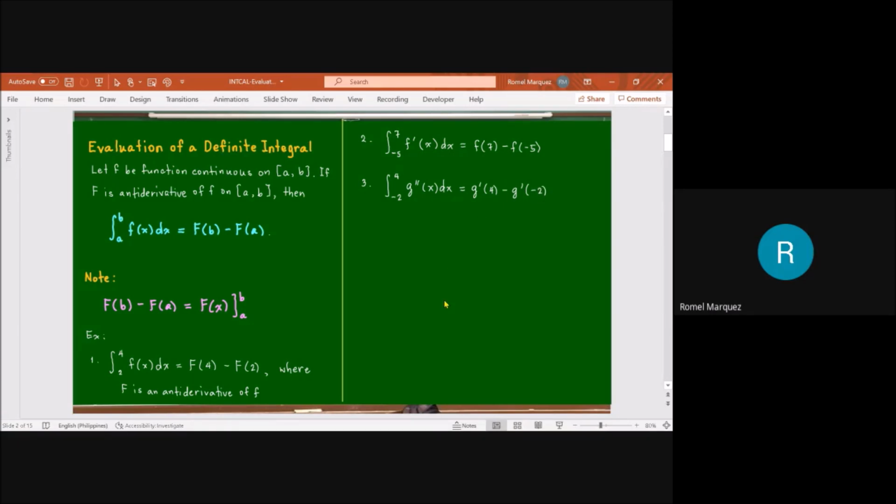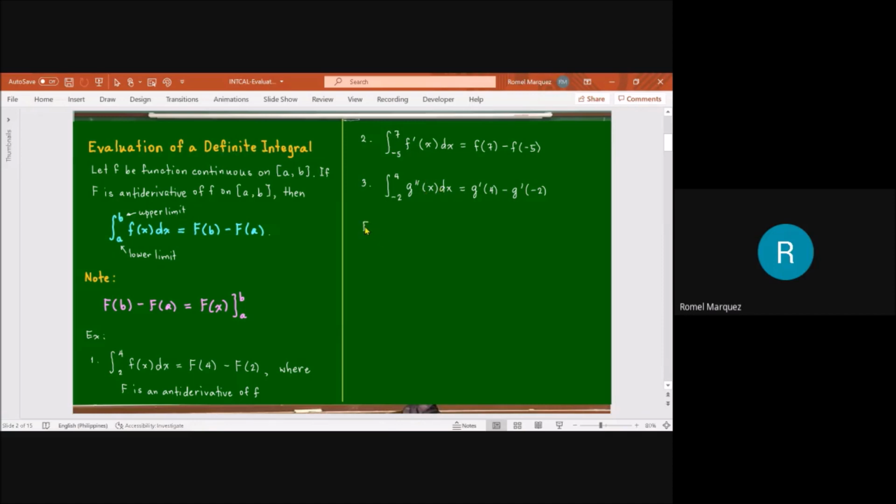So that is what it means. By the way, here in this notation, we call this a the lower limit of integration. And we call the b the upper limit. Okay, guys? What if we know the actual f of x or the actual f prime of x or the actual g double prime of x?